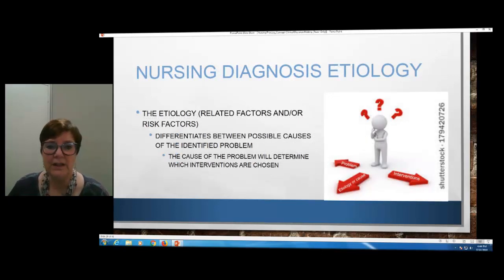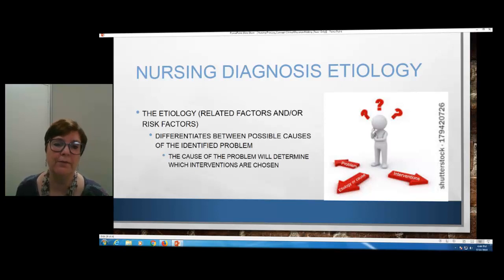Our etiology is the factors that are the cause of the identified problem. This can actually be a medical diagnosis, or it can be like with our patient who has the cough and the sputum and the fever, and we know it's a respiratory infection.